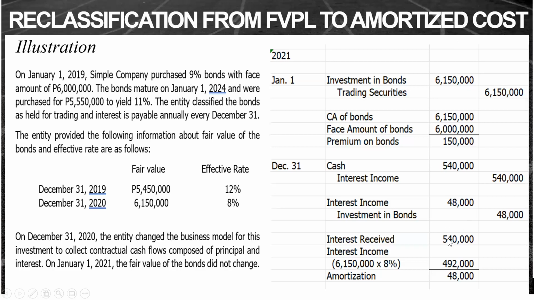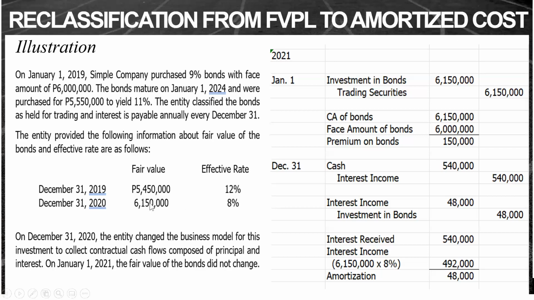So that's 540,000. And then for your interest income, take note, ang sabi doon sa rule is that pag meron reclassification from fair value through profit or loss to amortized cost, kailangan nating gumamit or maghanap ng bagong effective rate based doon sa fair value ng ating financial assets.